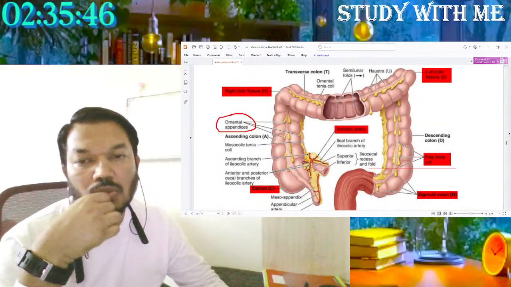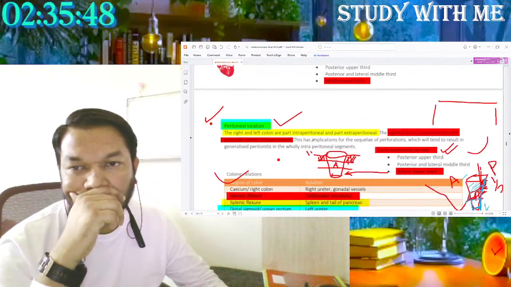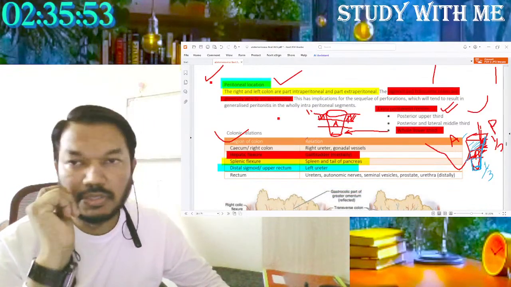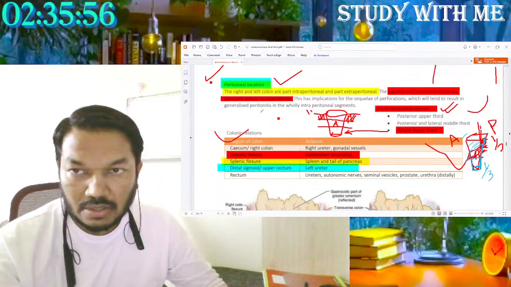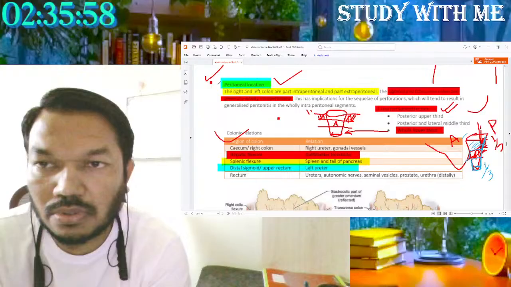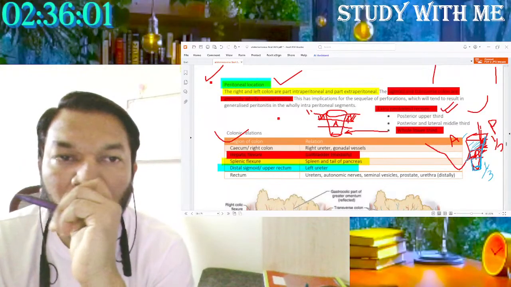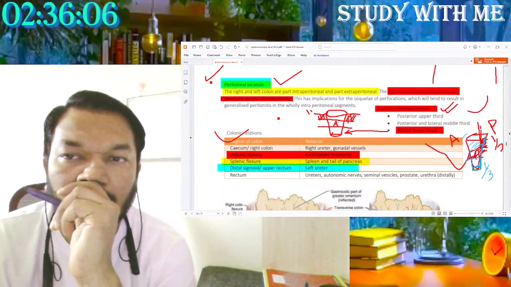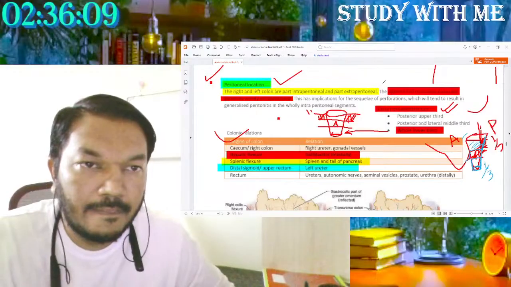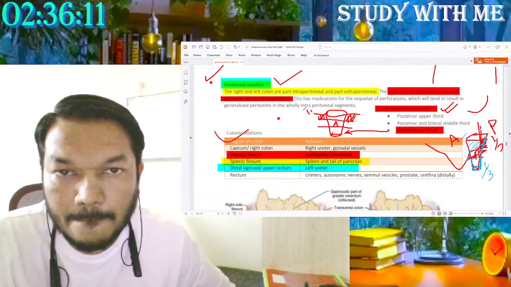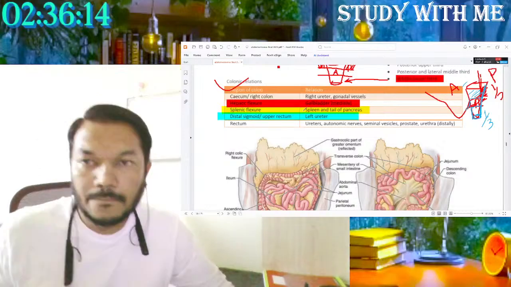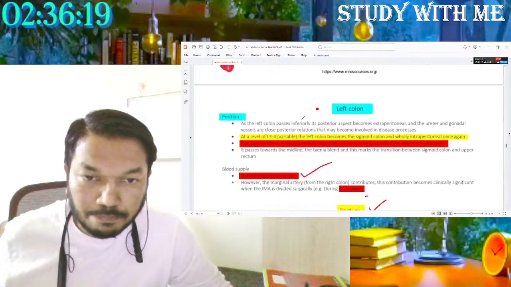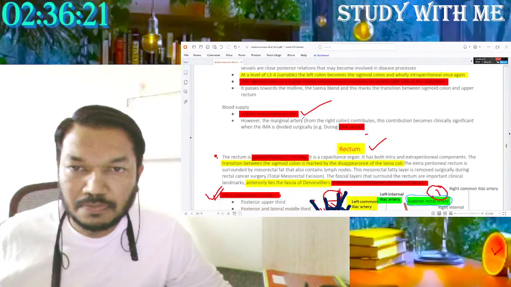Anyway, now this is the colon. We will try to finish in a maximum of 10 minutes. Peritoneum relations, you have to read them very properly. Peritoneal location and left colon.